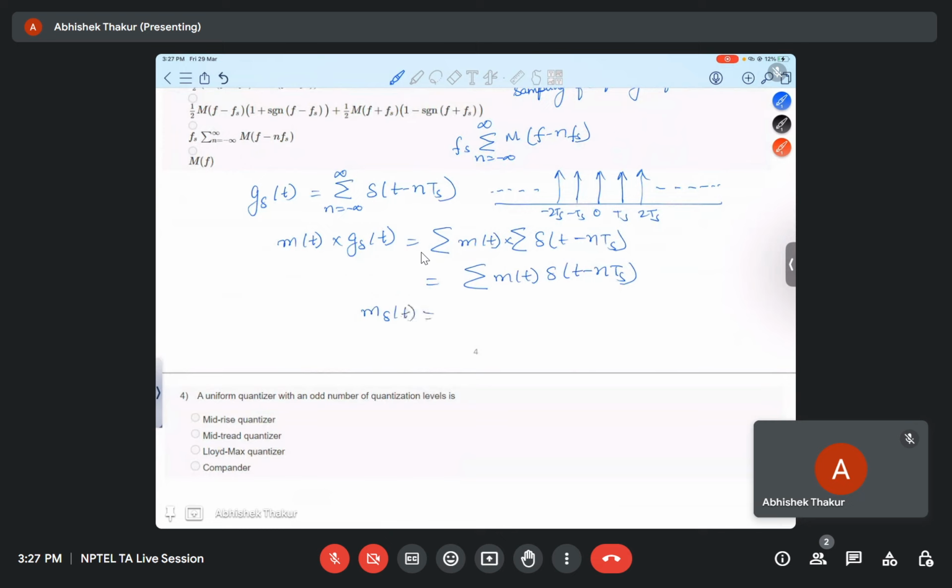So the sampled message signal can be written as the sum over n from minus infinity to infinity of m(nTs) delta(t minus nTs). Understood how we write this?